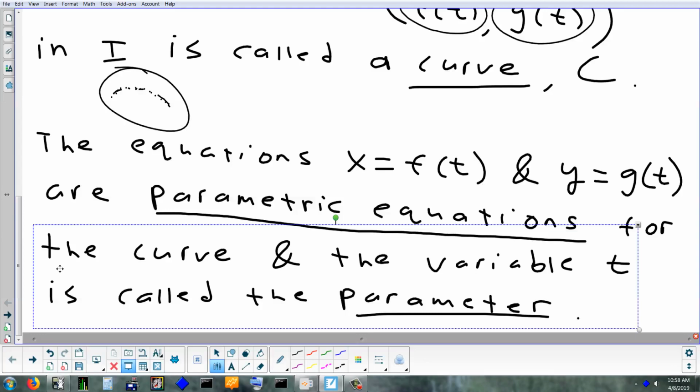So t is the thing that you're going to plug in for. If you call it a variable, it's not a big deal. But technically, it's called a parameter. Okay, so a little bit of vocabulary stuff up front, but then we're going to get into some more calculations. Any questions on those terms so far?